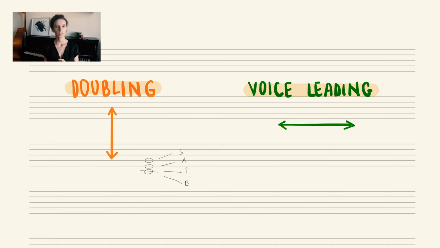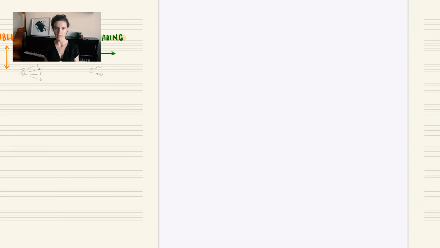And when you are learning how to write lines and how to connect one chord with another chord, this is when you are learning the principles of voice leading. And this is when you are learning how to organize and how to lead your voices across the horizontal dimension of your chord progression. Let's go into part 3 of the lesson, which is the rules of doubling.